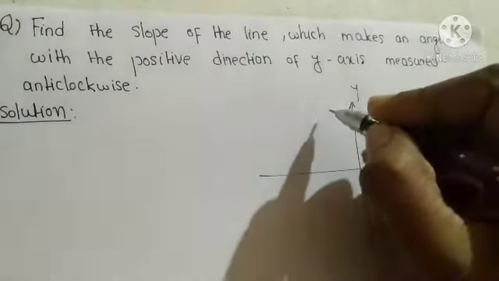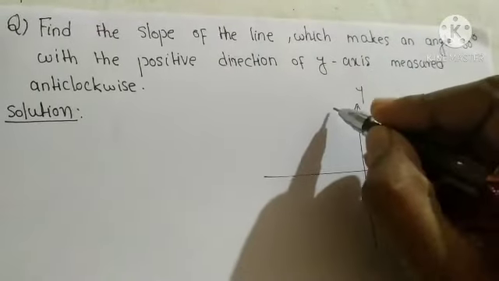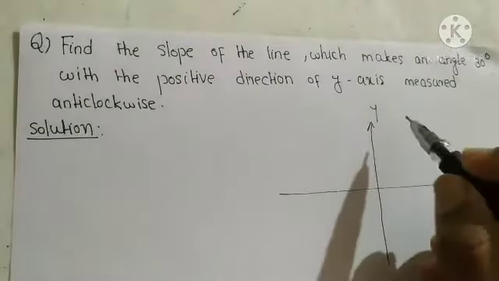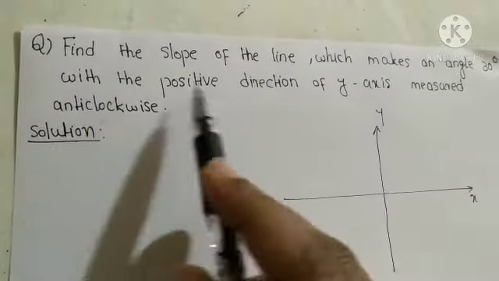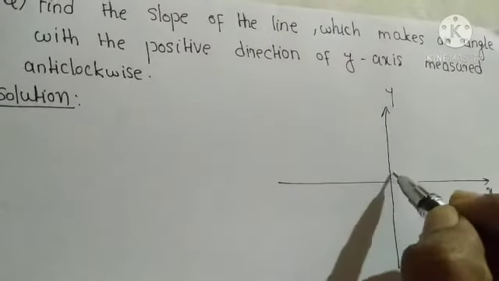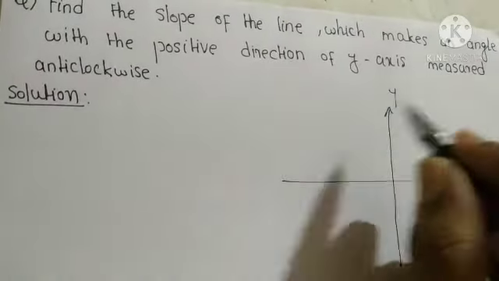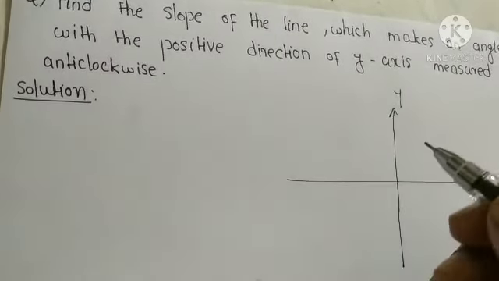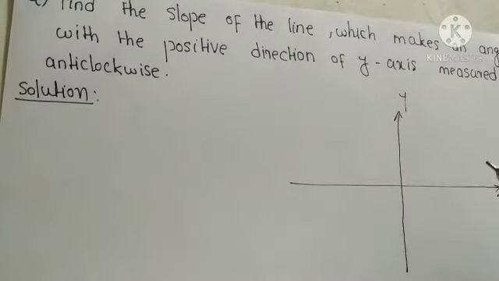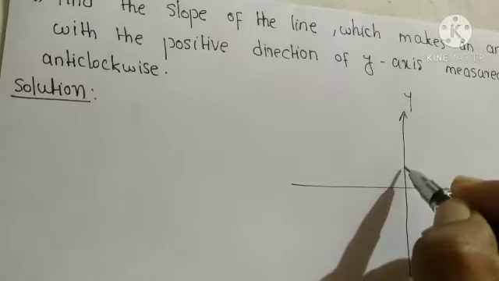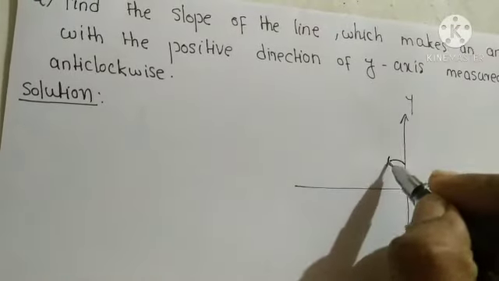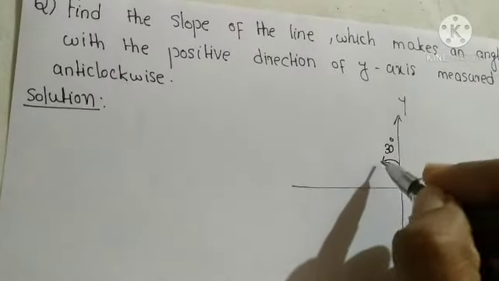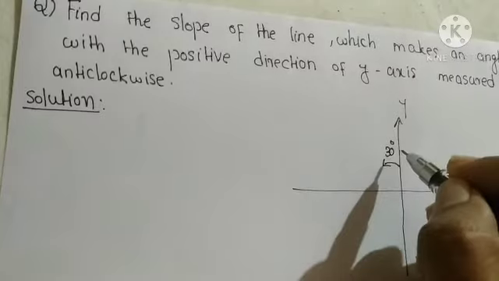So if we draw a line which makes an angle 30 degree with the positive direction of y-axis, this is our positive anti-clockwise. Positive direction means we are always taking the anti-clockwise direction as the positive sign of angle, right? So here I'm taking 30 degree with the positive direction, or anti-clockwise, of y-axis.